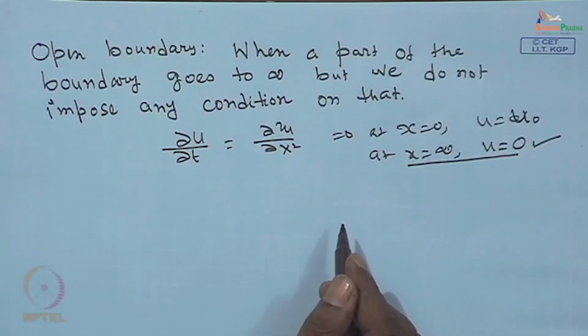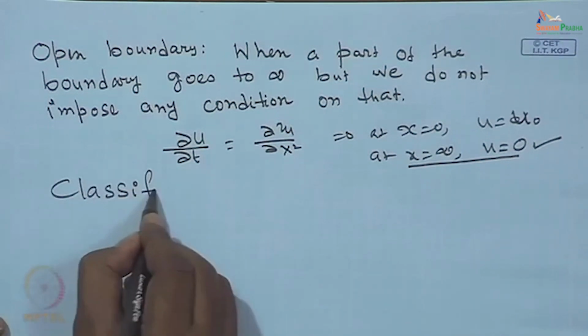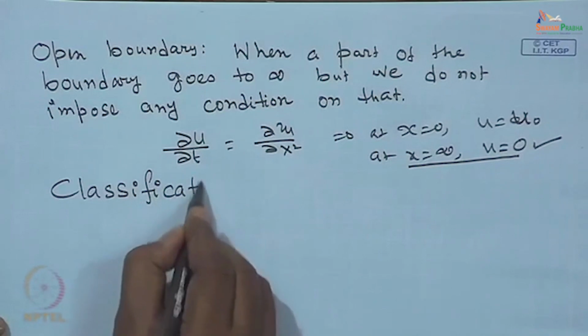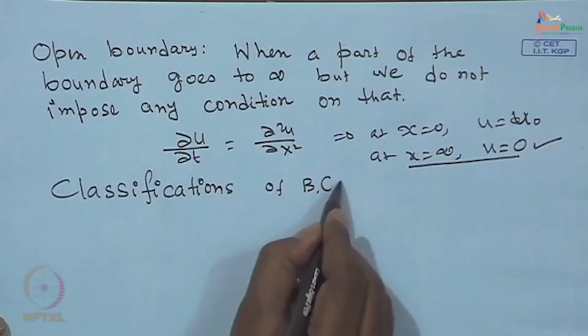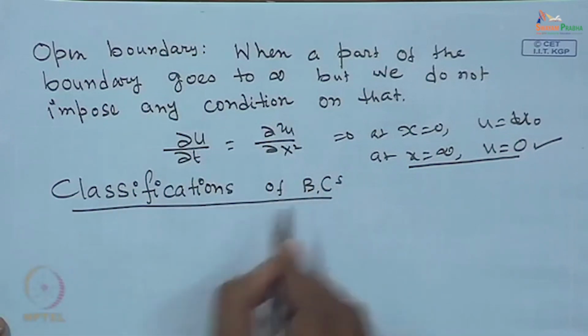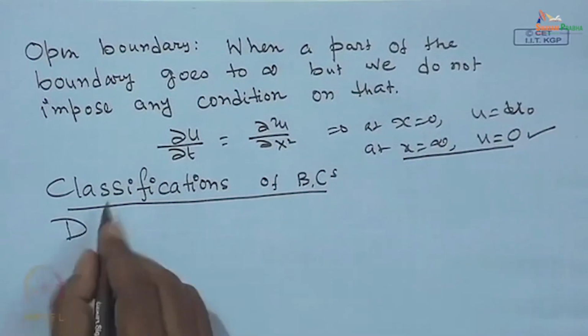Next, we look into the several types of boundary conditions, classifications of boundary conditions. First boundary condition is the Dirichlet boundary condition.